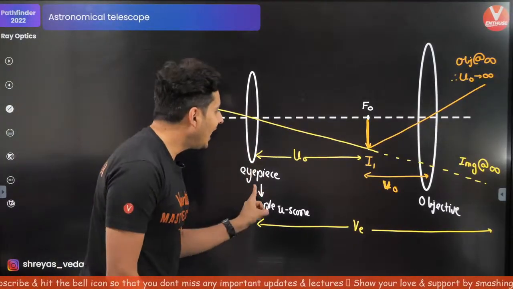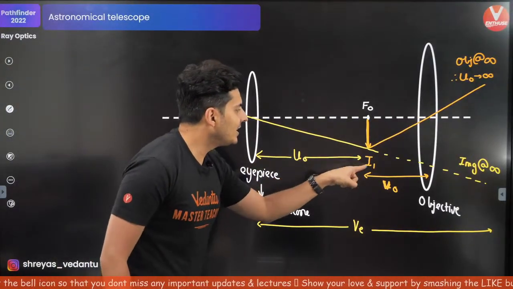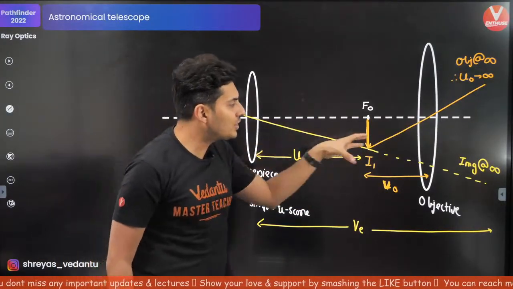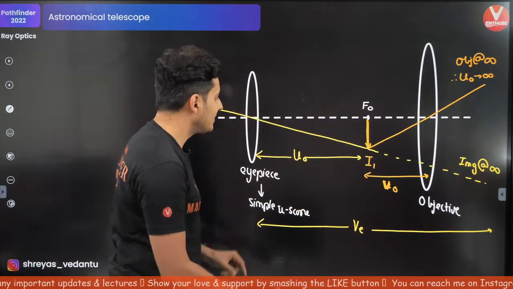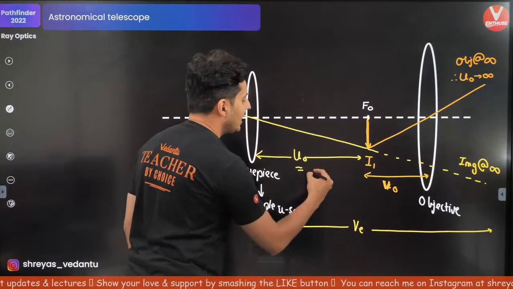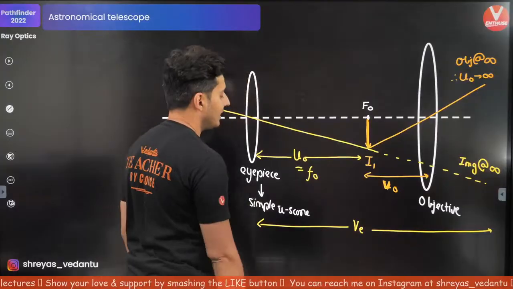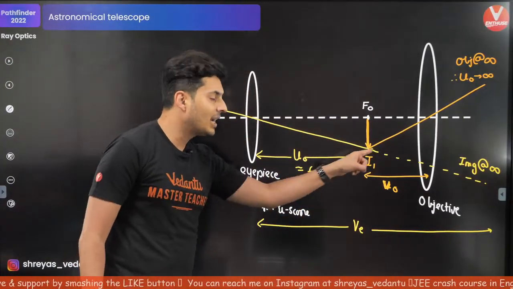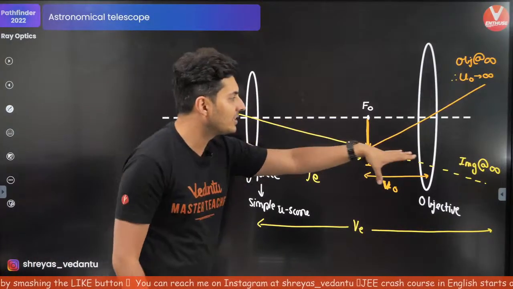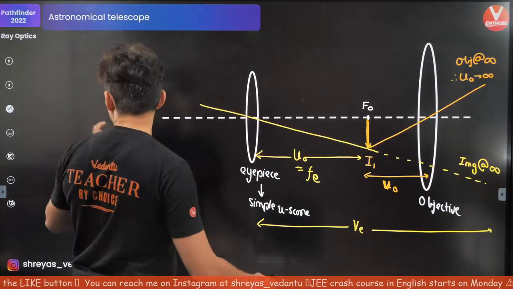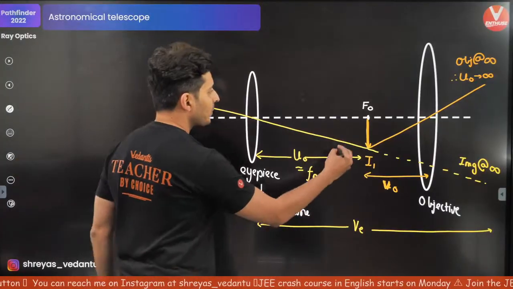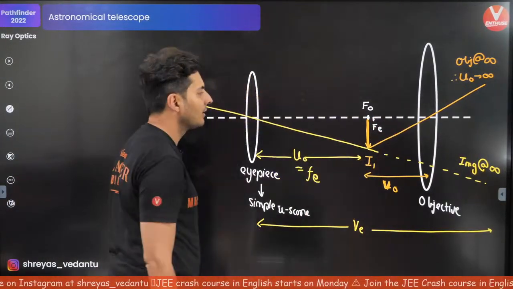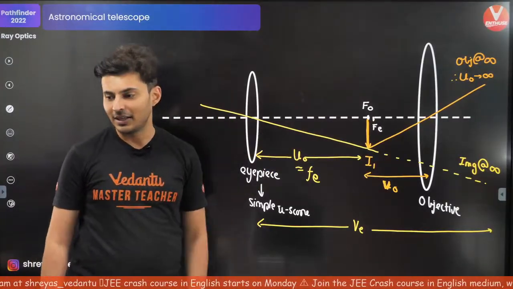And if this image acts like the object for this lens and the image should form at infinity, that means this UE should be nothing but the focal length itself of the eyepiece. The focal length of the eyepiece. Understood? Because the image is formed at infinity. So the other focal point, FE, is also here only.